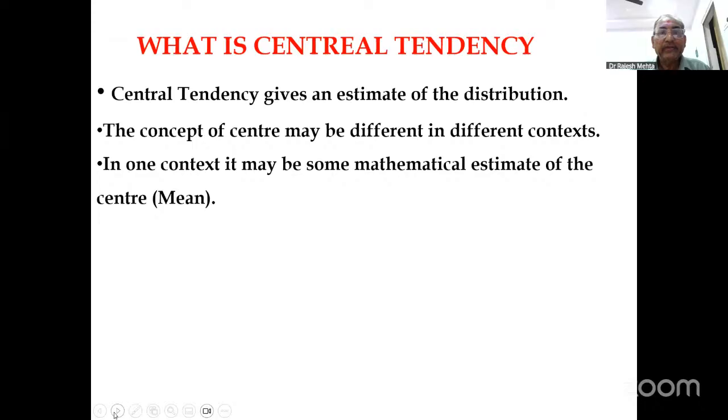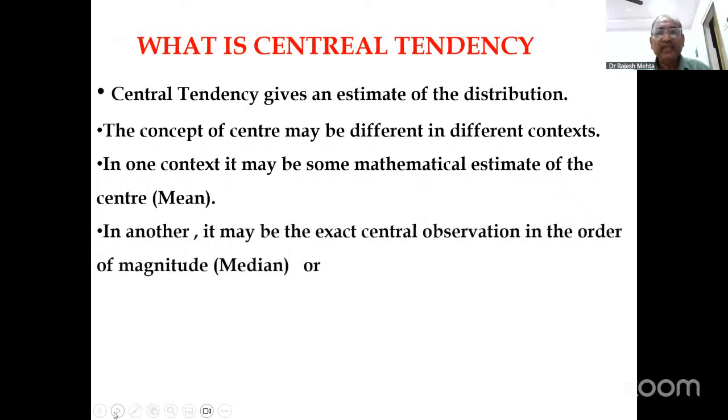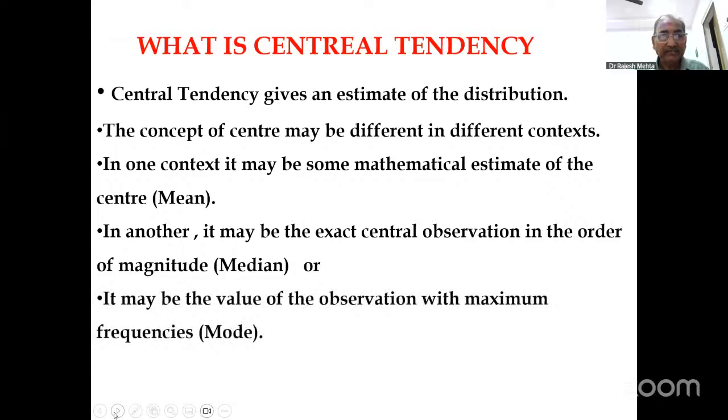Suppose we are talking about the mean: it is a mathematical estimate, the total divided by the number of observations. Sometimes you want the middle in terms of order; that is the median, the middle value. And sometimes it is the observation which is most frequently occurring.